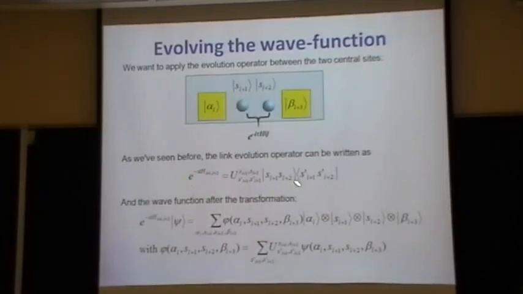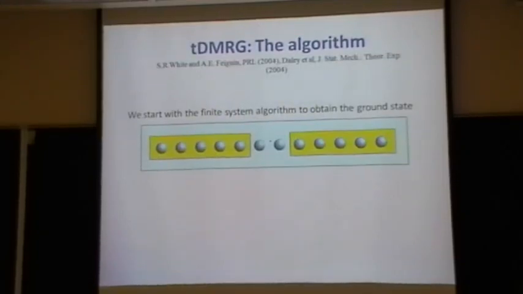The evolution operator is a 4x4 matrix for these two spins, and when we apply it to the original state, we just have to do a little algebra to obtain the new state. It's just a very simple transformation, and it has a very low computational cost. So let's see how we do it in practice.